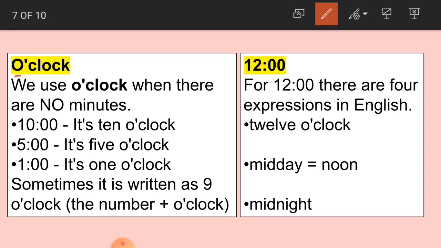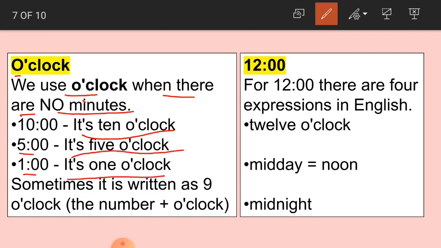Now, see here again we will talk about o'clock. We use o'clock when there are no minutes. So it's just an hour. There are no minutes in that. Okay, so 10, it's 10 o'clock. 5, it's 5 o'clock. 1, it's 1 o'clock.